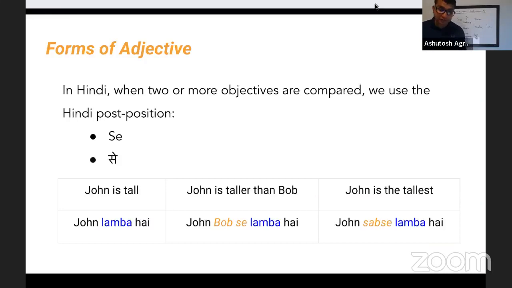She runs fast. Okay, you can say Sarah runs faster than John. Sarah John से तेज भागती है. Okay, Sarah John और Tom से तेज भागती है. And then if she runs fastest, Sarah सबसे तेज भागती है और दौड़ती है.